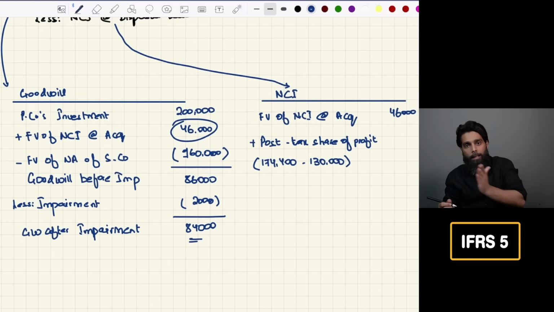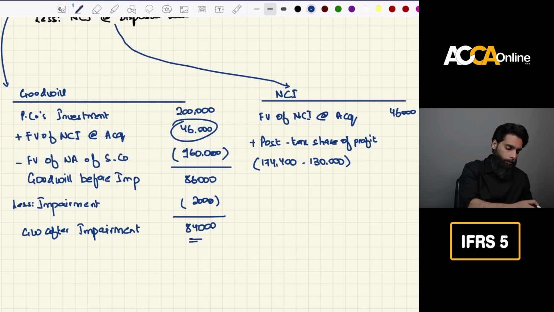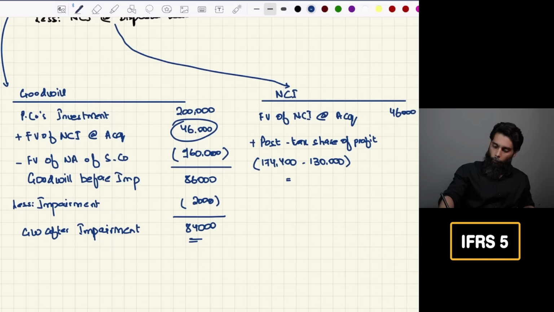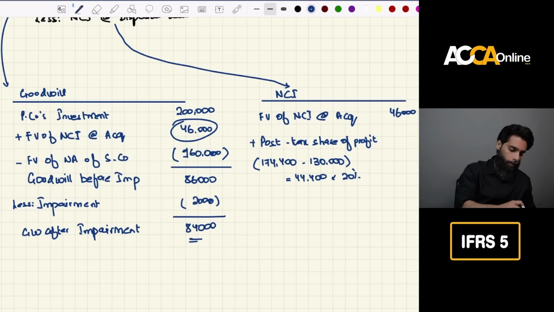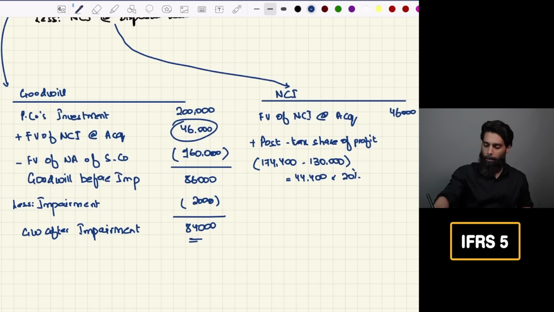So whatever we earned after 130,000 till 174,400, that is all post. So 174,400 minus 130,000 is 44,400, and NCI was 20%. So you take 20% of this, and that will be 8,880.